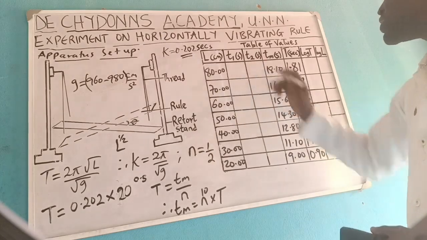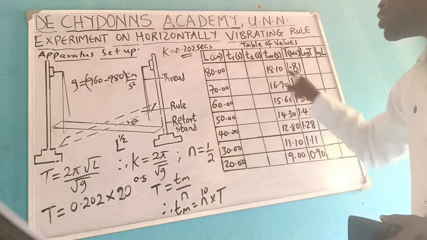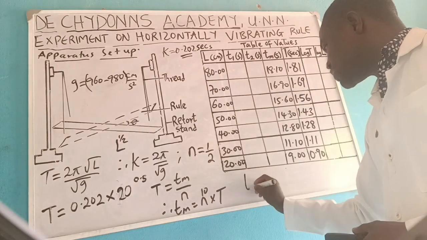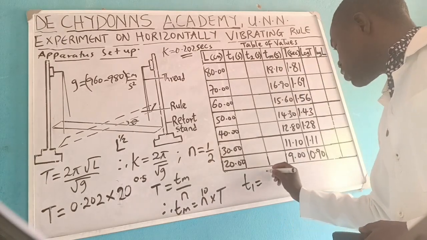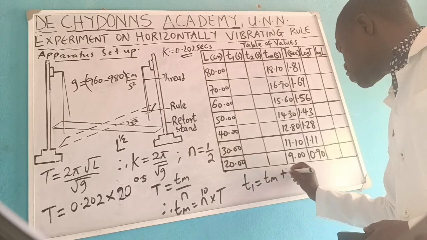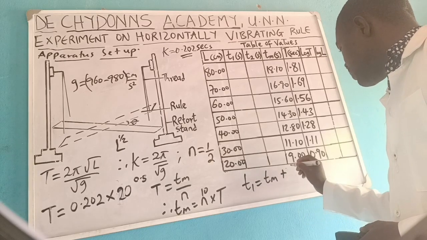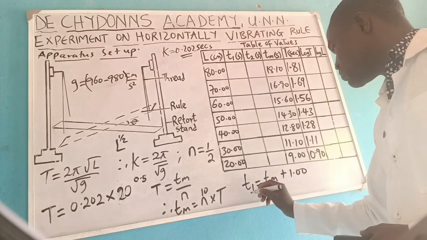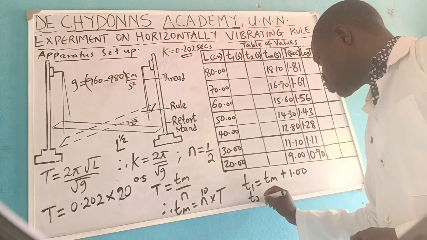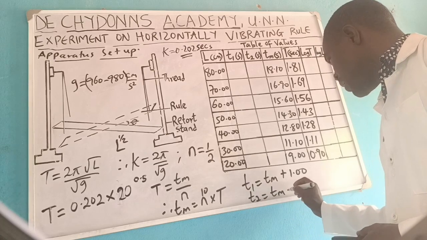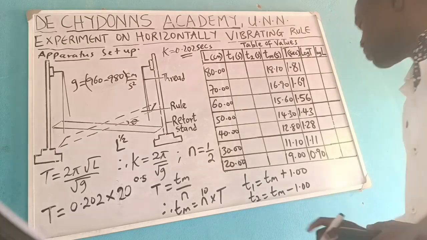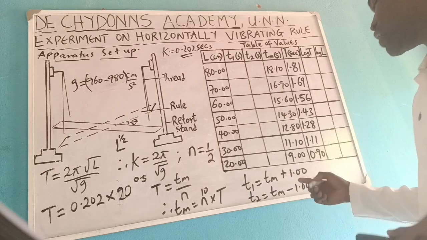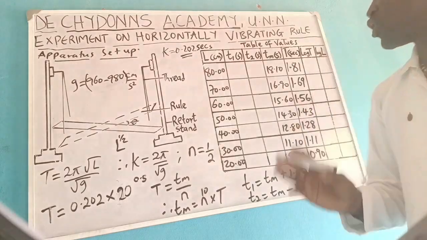Then T1 and T2, how can we get it? You say this your T1 is equal to Tm plus 1.00. Then T2 equals Tm minus 1.00. Please use 1.00 so that it will be a unique number.